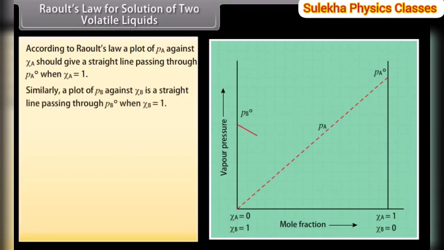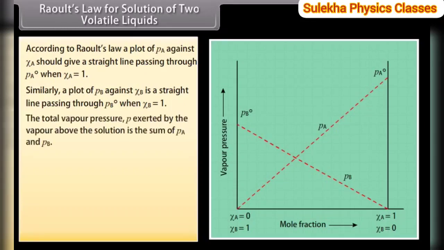Similarly, a plot of PB against XB is a straight line passing through PB naught when XB is equal to 1.